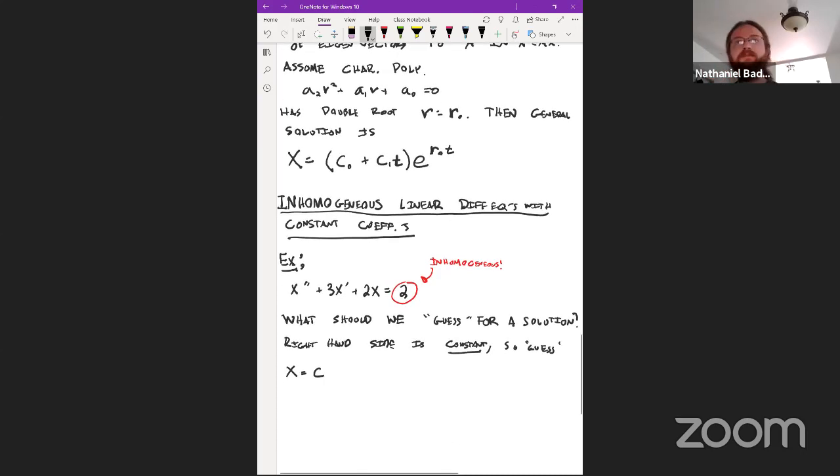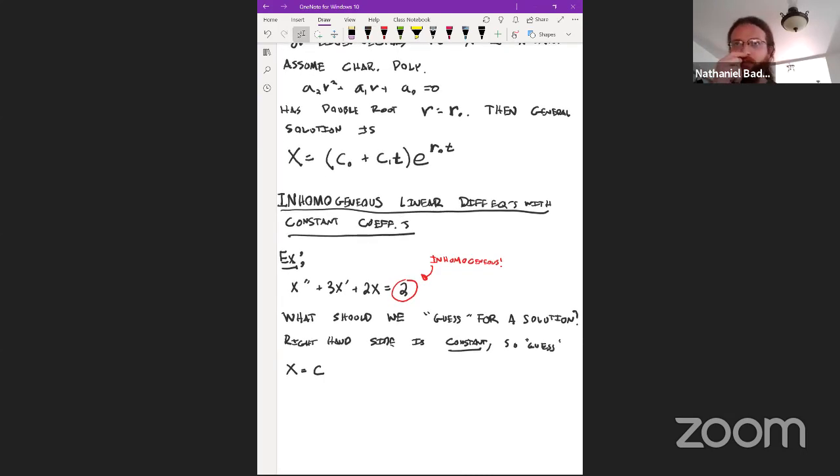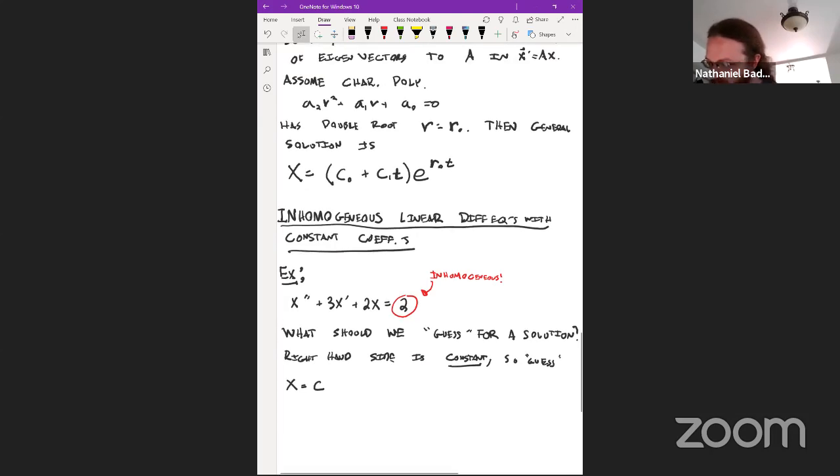Guess x equals c. Right, so what you've done, Sai, is you've guessed the constant and then actually solved the correct one. I'm just going to take a second to go through that logic.